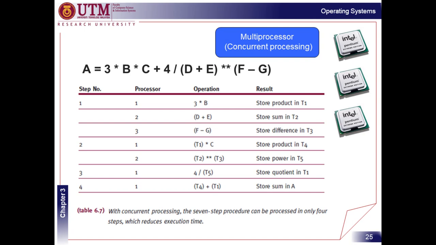Processor 1 calculates T1 times C and stores it in T4. Processor 2 calculates T2 raised to the power of T3 and stores it in T5.